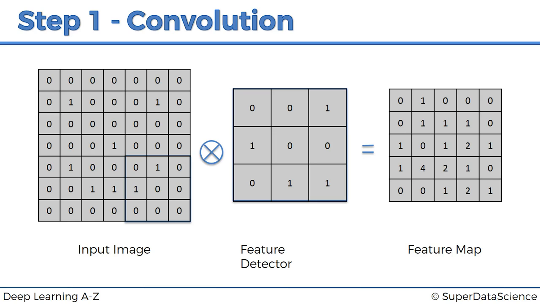The highest number in your feature map is when that pattern matches up. In fact, in this simplified example, the highest number you can get is when the feature matches exactly. You can see that number 4 we have in our feature map is exactly where this feature detector, because there are only 4 ones in it, matched perfectly.